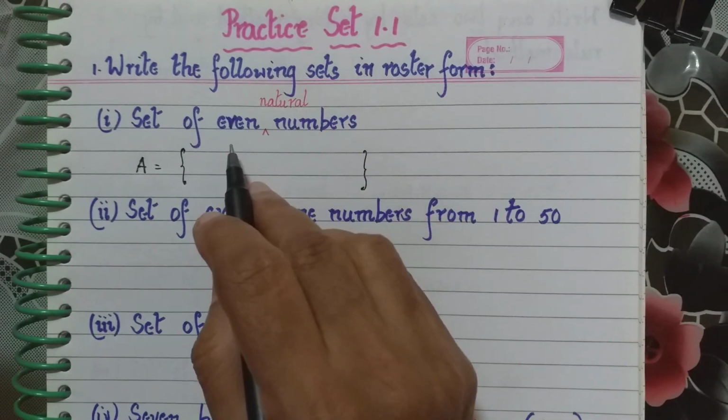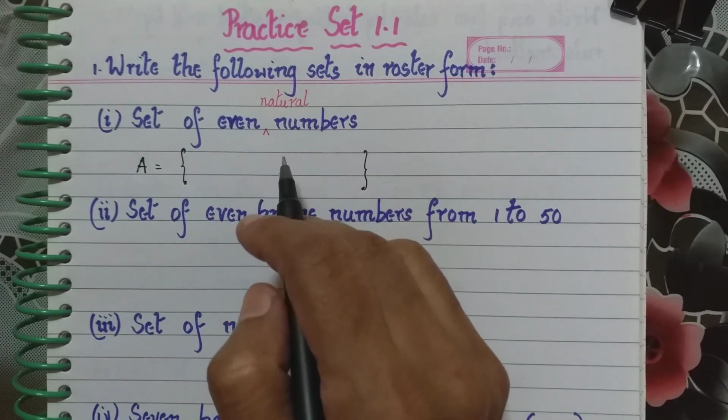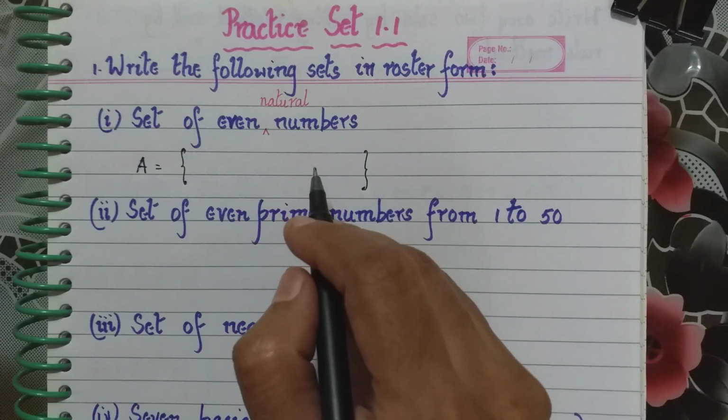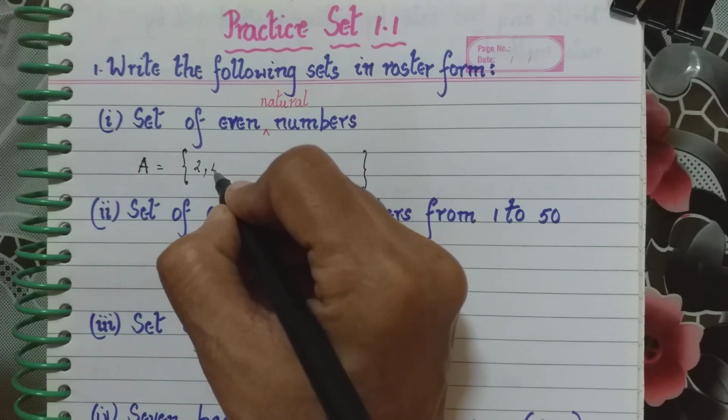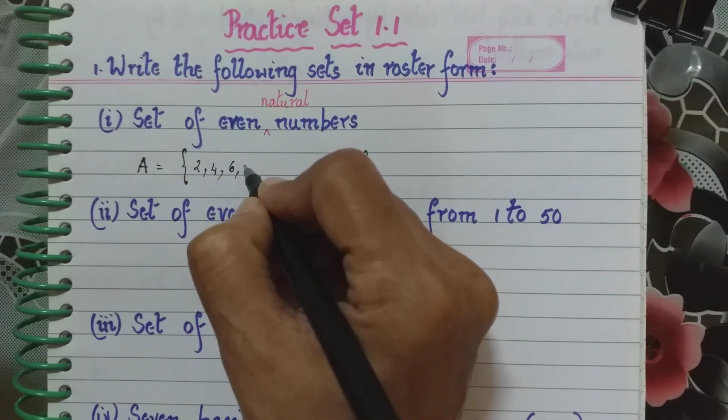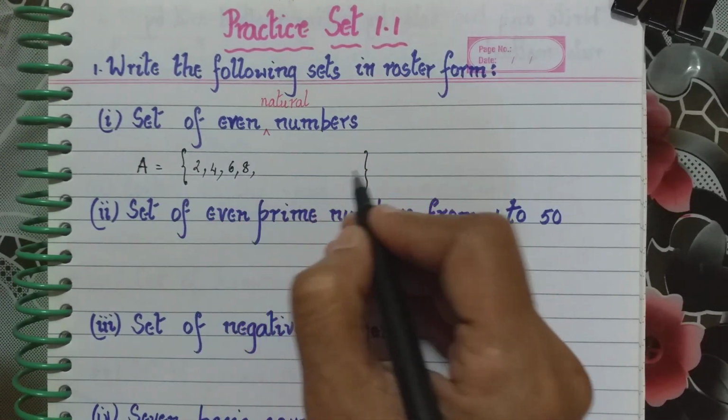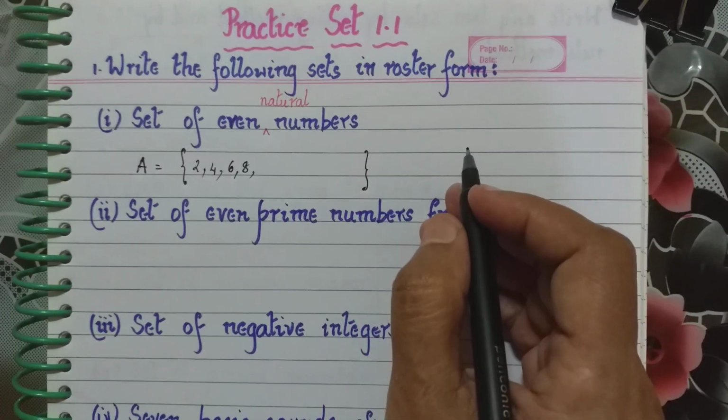Even natural numbers, the first even natural number is 2, then it goes on to 4, 6, 8. So, I can write 2, 4, 6, 8. We cannot list all the natural numbers whichever are there.